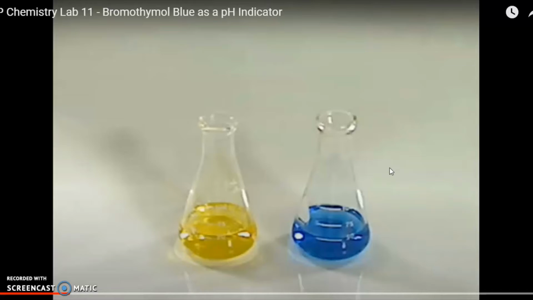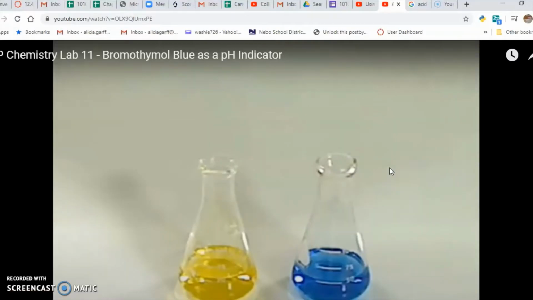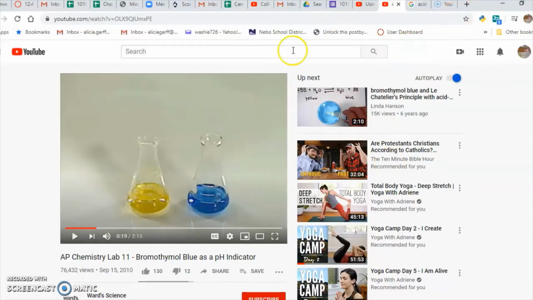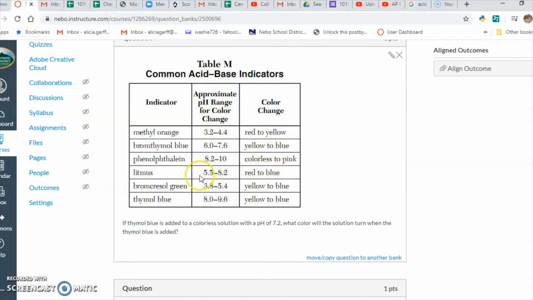Let me show you the types of questions you need to be able to answer with indicators. You need to be able to answer questions that deal with charts like this one. This chart lists a bunch of different indicators: methyl orange, bromothymol blue, phenolphthalein, and it tells you what color these indicators are below this range.